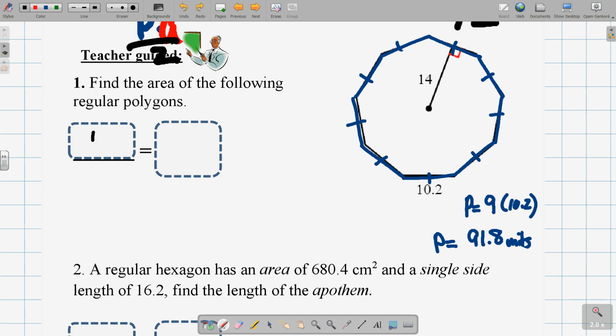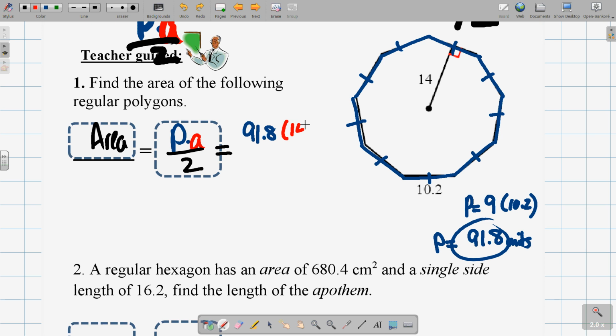Let's write our equation. Area equals perimeter times apothem over 2. Perimeter, 91.8, times the apothem, 14, over 2. Yes, I could easily multiply those and divide by 2, but because I'm not using a calculator, I'm going to simplify just a bit.